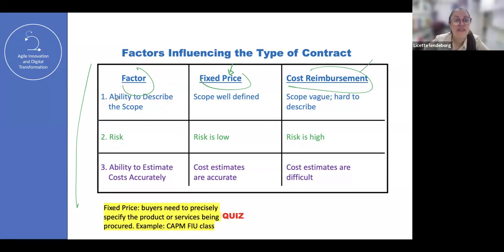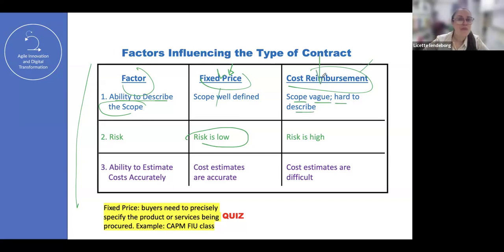If you have the ability to describe the deliverables and the scope, it's well defined, you use fixed price. If the risk is low and everything is clear, you use fixed price. However, when you don't know exactly what the value is, when the scope is vague and hard to describe, you use cost reimbursement.